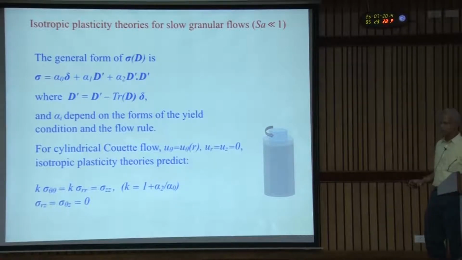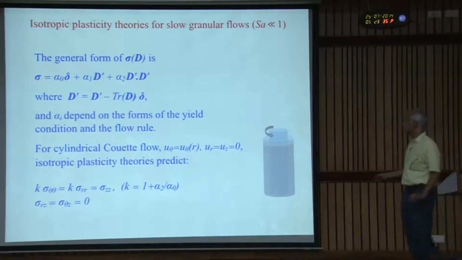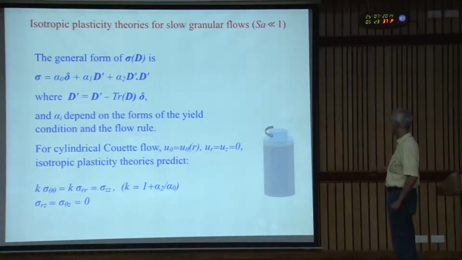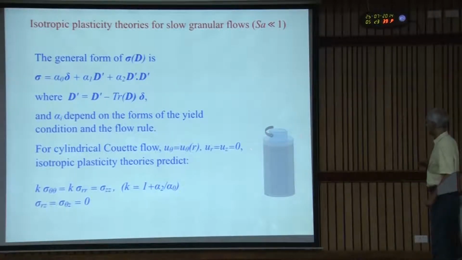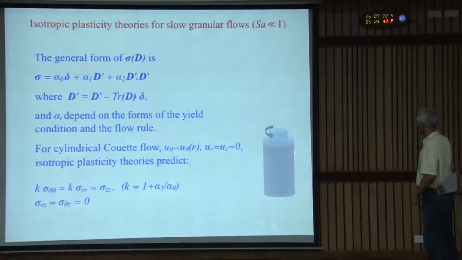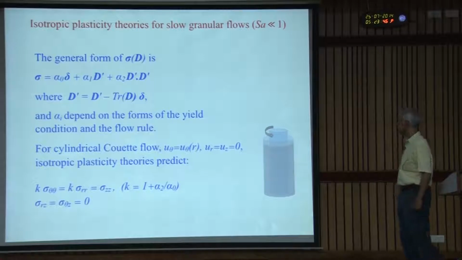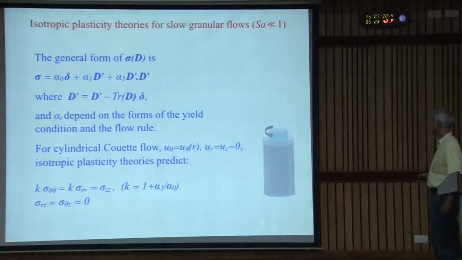But the interesting thing is, if you apply this to this simple flow, the viscometric flow, then what it predicts is, so in the viscometric flow, I assume that the velocity is purely azimuthal. Okay, the cylinder simply rotates the material around and round in circles inside the column.